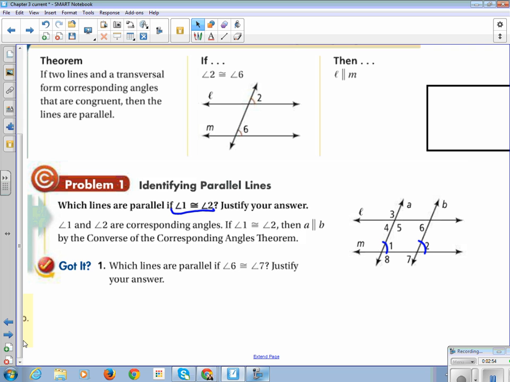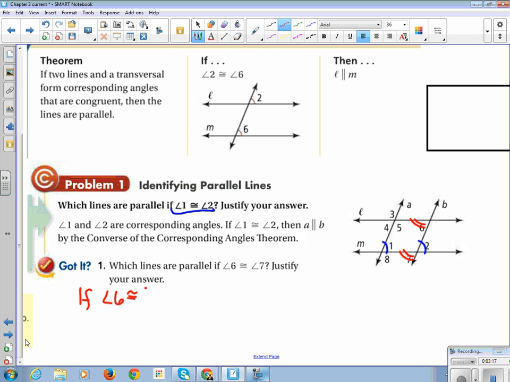So using the same diagram, which lines are parallel if angle 6 is congruent to angle 7? So let me put the congruent marks on here. Angle 6 congruent to angle 7. So if angle 6 is congruent to angle 7, then which two lines?